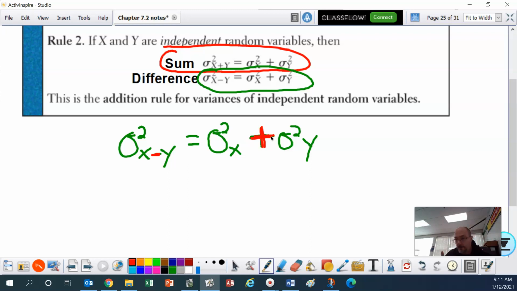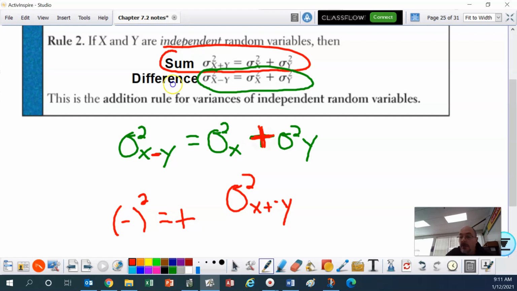Remember, folks, if you square a negative, it becomes a positive. Think about it. If I change this to x plus negative y, that's the same as x minus y. When I square it, it becomes positive. So that's why there's a plus there. So you never subtract variances. You can only add your variances.